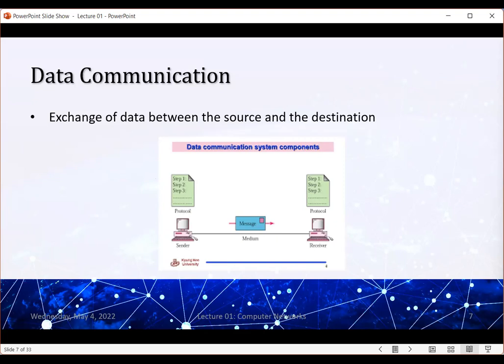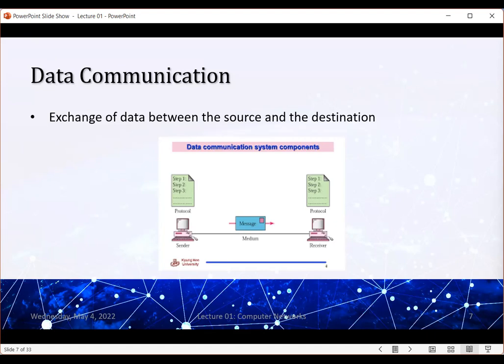Now let's say you are sending an email to your friend. Again, it's a communication. The person or the device who sends the information, we call that person the sender. Now I'm talking to you. Now who is the sender?